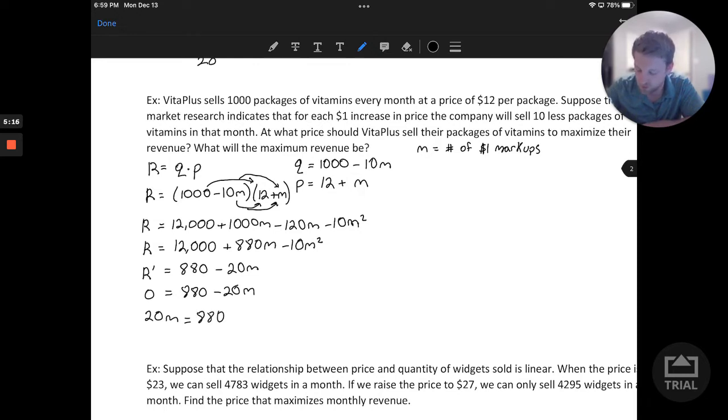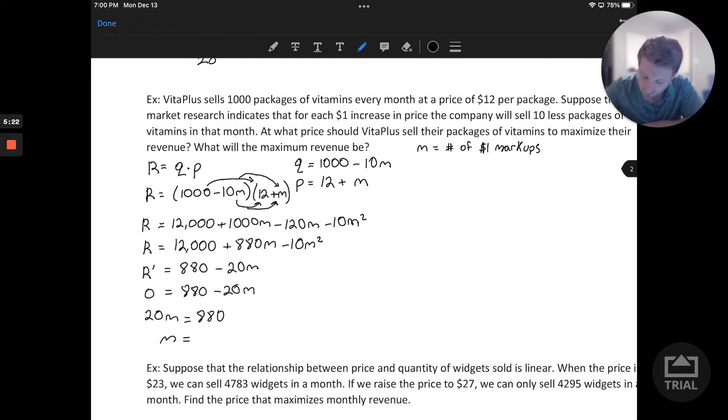Dividing by 20 will give us the number of markups that we need to apply, and that looks like to be 44. So that would be 44 markups, which would actually translate to a markup of $44, because each markup is worth $1.